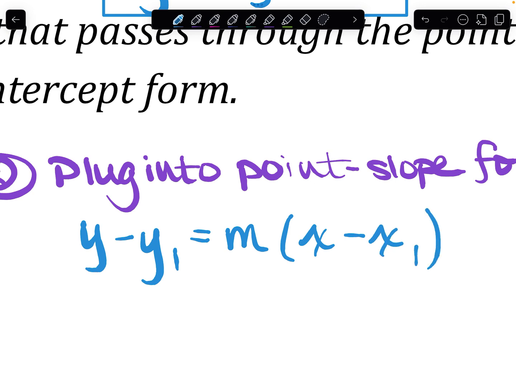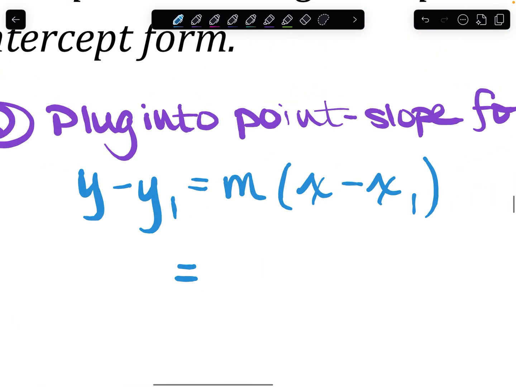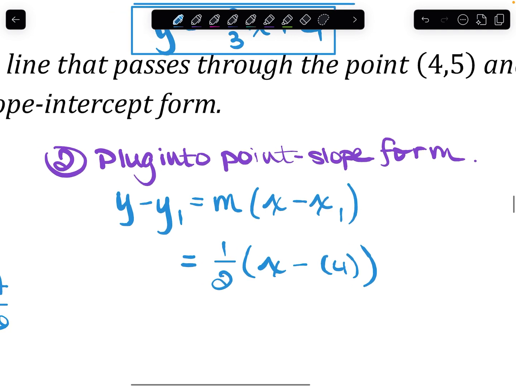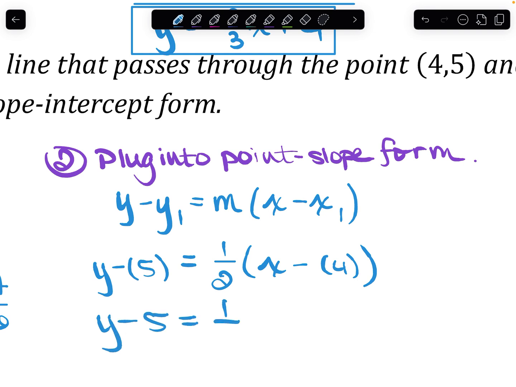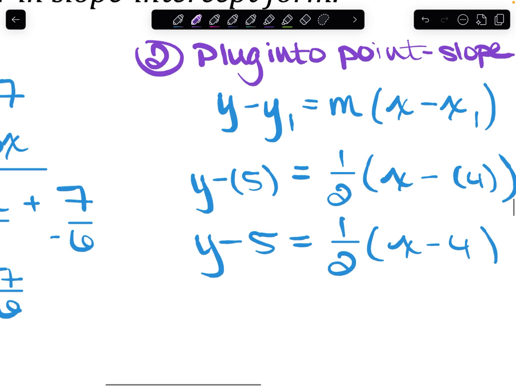All right, so our slope is 1/2. Our point is (4, 5), so the x value is 4. The y value is 5. I'm going to rewrite it without the extra parentheses since there's no double negatives to worry about. And then go check what you're asked. It says write your answer in slope-intercept form. So we're going to rearrange to that form.